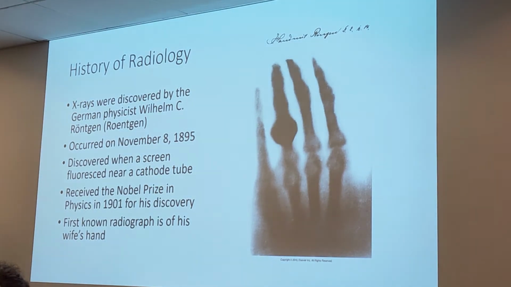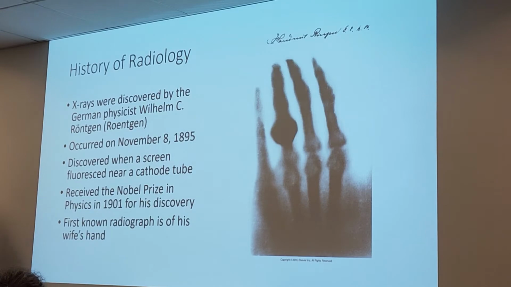But he was trying to explore the properties of these unknown electrons. And instead, what happened was that he found that there was a fluorescent screen, a piece of fluorescent cardboard near his workstation that would glow anytime he turned on this cathode tube.